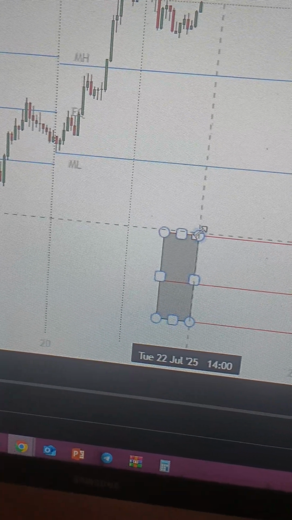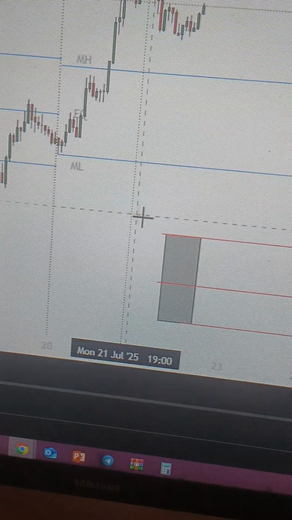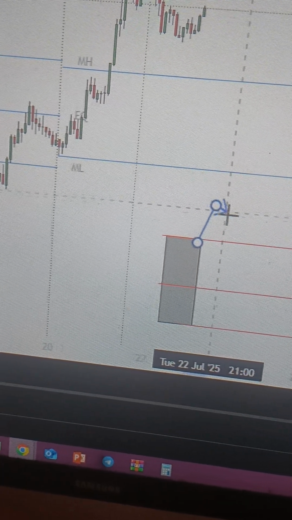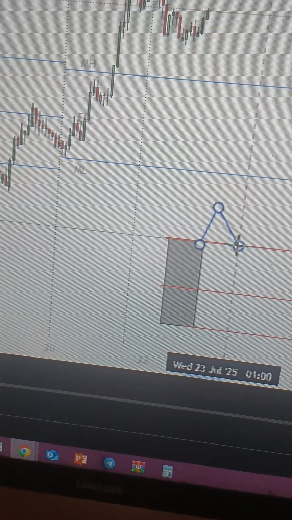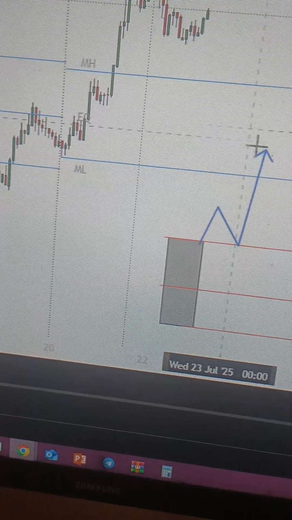The market closed here. We closed bullish, right? On Tuesday, we might break out, retest that high and continue. That is possibility 1.